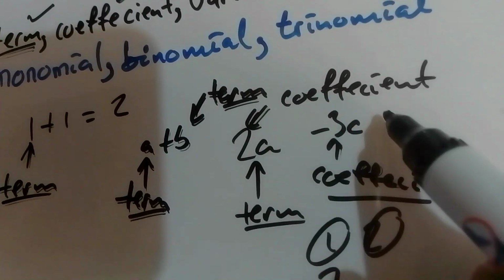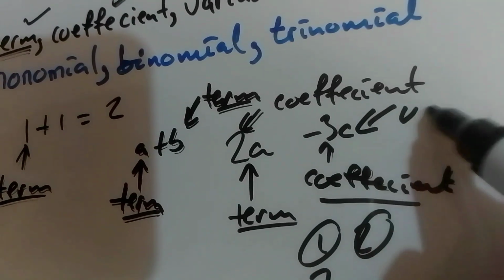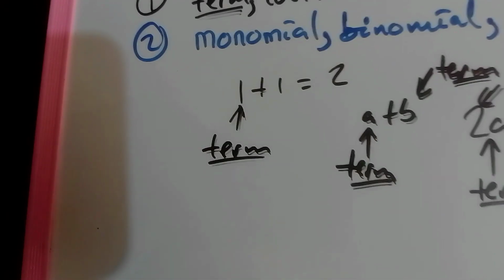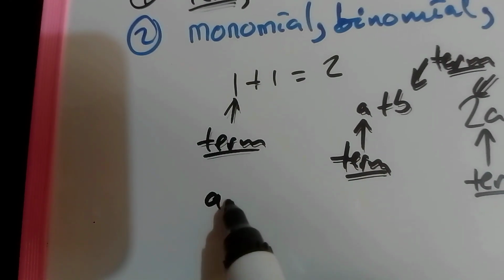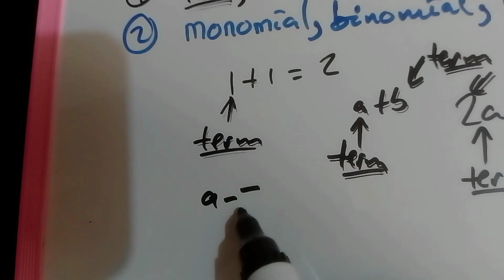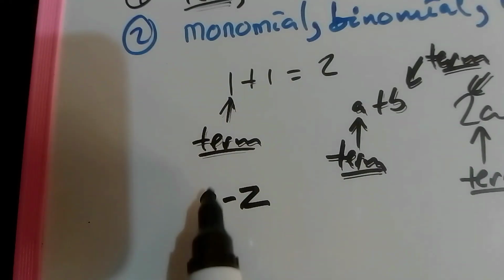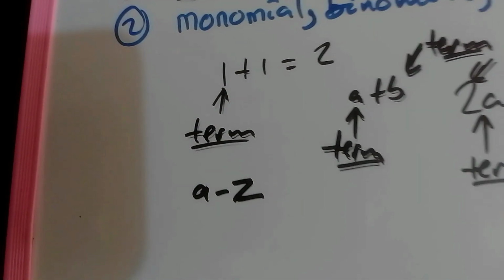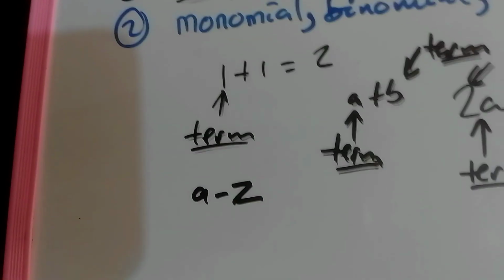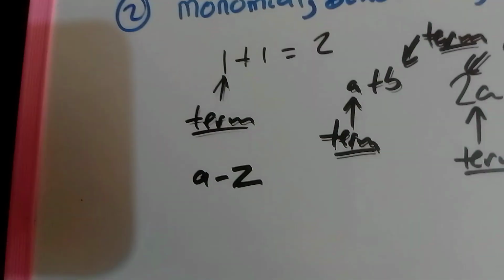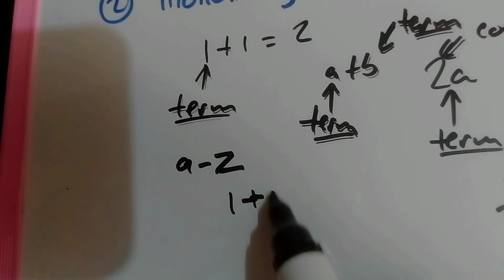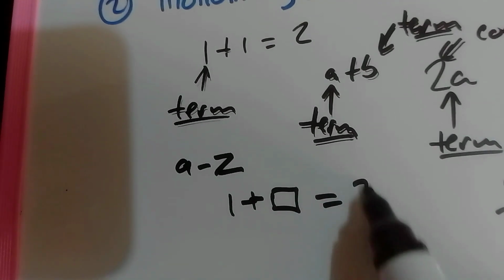And also this letter c, it's a variable. So anytime that you see letters from your alphabet, from letter A to letter Z, any of these letters, it simply means that the number is unknown. When you were in primary doing grade 2, you used to write something like this: 1 plus a square is equal to 3.